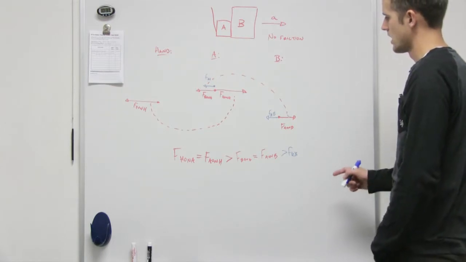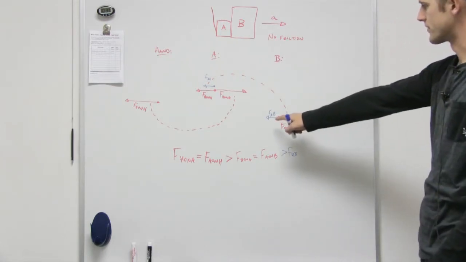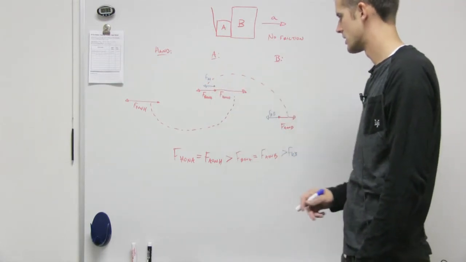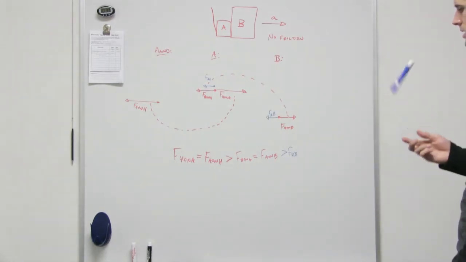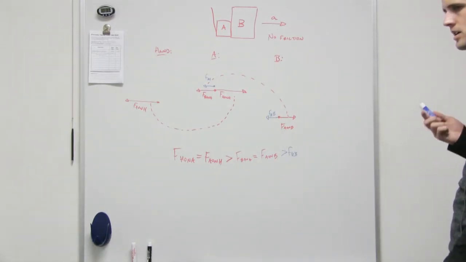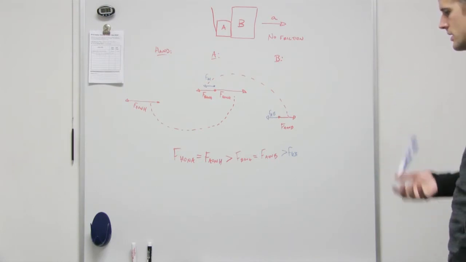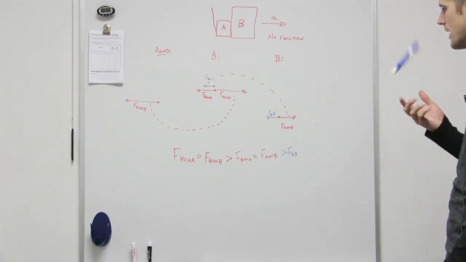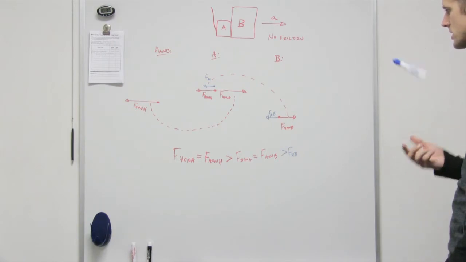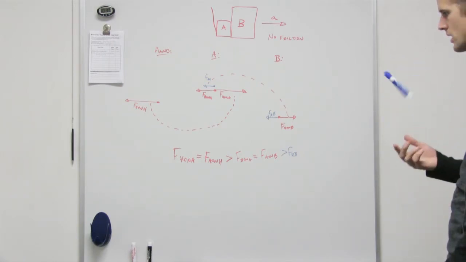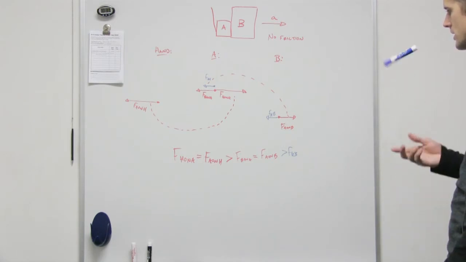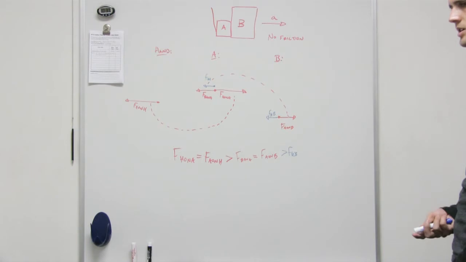So how would you find out which one of the frictions is bigger? Which friction's gonna be the largest? What's the equation for friction?